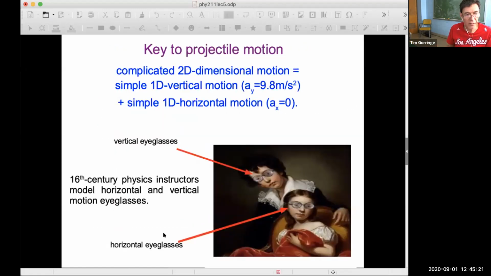Okay, so here's an important slide that summarizes what I've tried to describe.